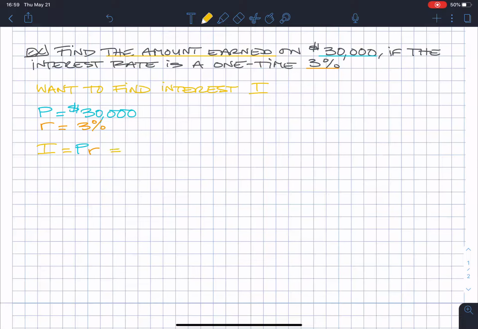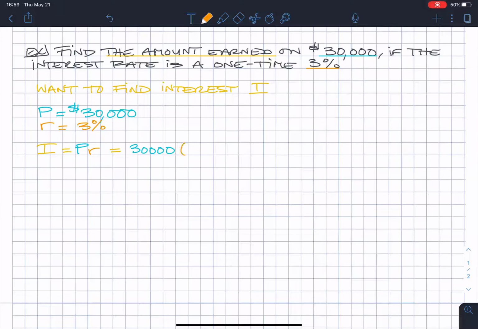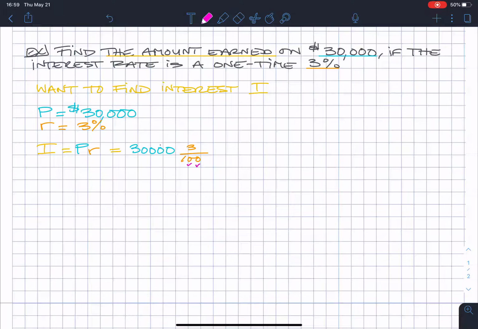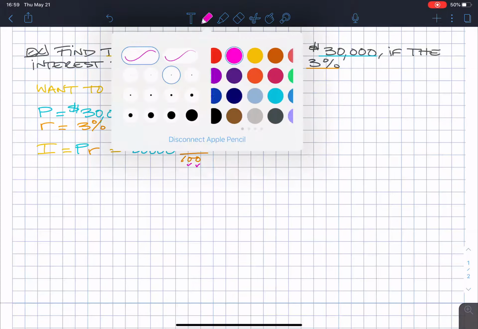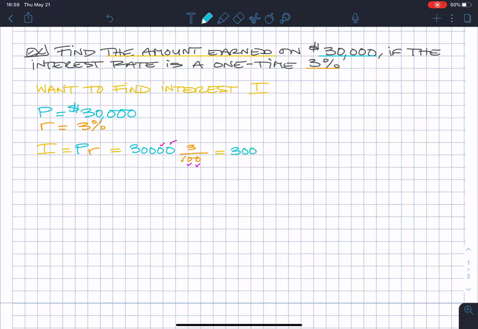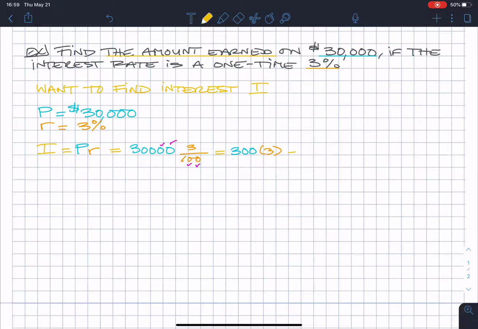So that's going to be 30,000 times, well, how would I write 3%? That's really 3 divided by 100. So what I can do is I can reduce 2 of the zeros with the 30,000. So what this gives me then is 300 times 3. So 300 times 3 is 900. So the interest earned on this investment is $900.